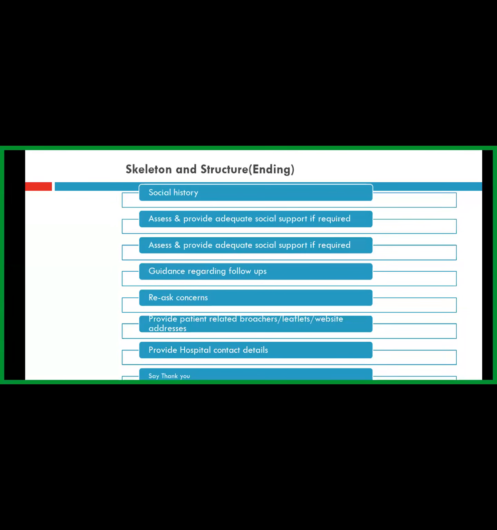Smoking and alcohol, because these two do have interactions with multiple drugs, and also have implications regarding the disease. Secondly, social support and financial support.